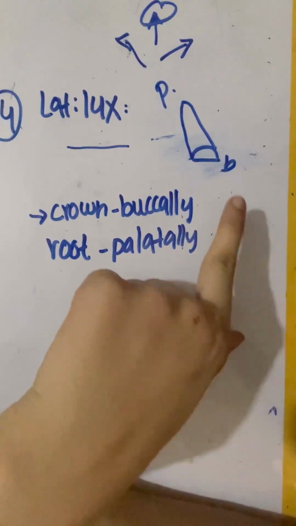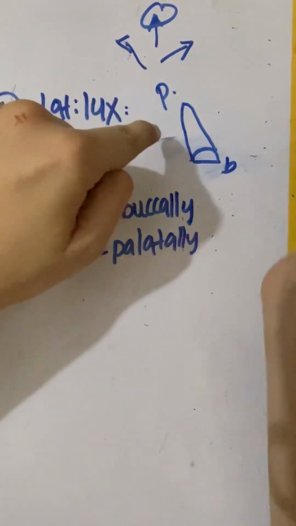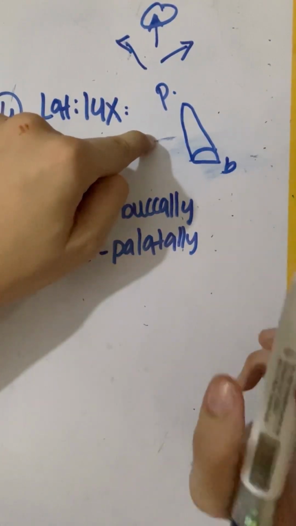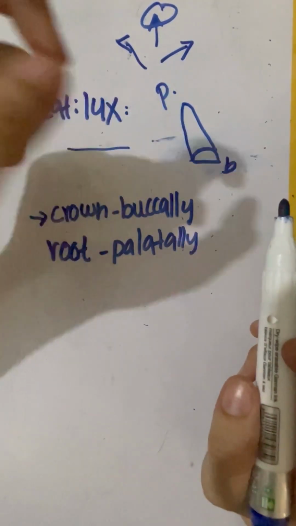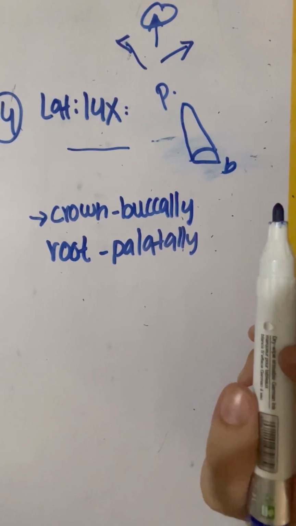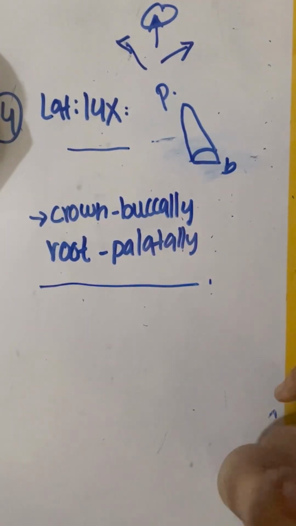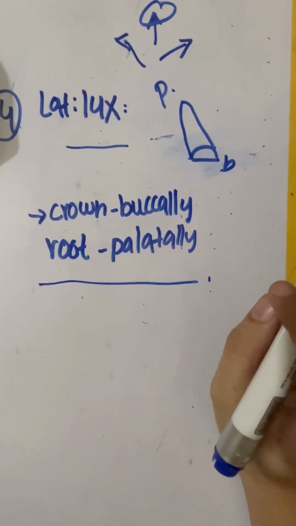If the root is going palatally, it will harm the permanent successor, because the new tooth germ is coming from there. So if the root is going palatally, we have to extract the tooth.